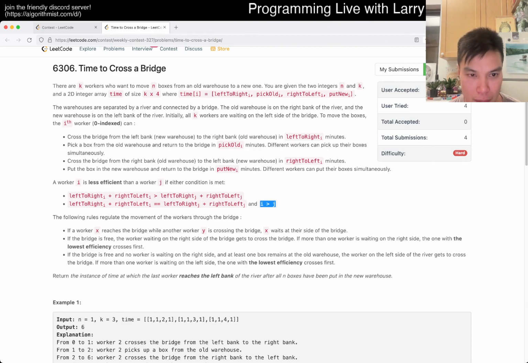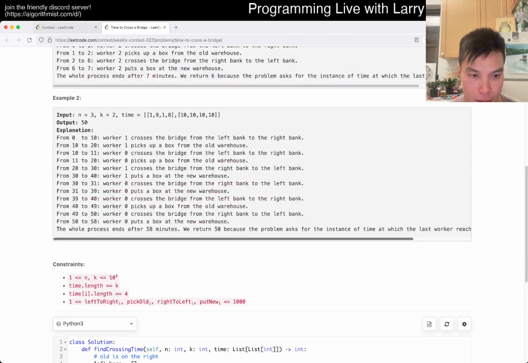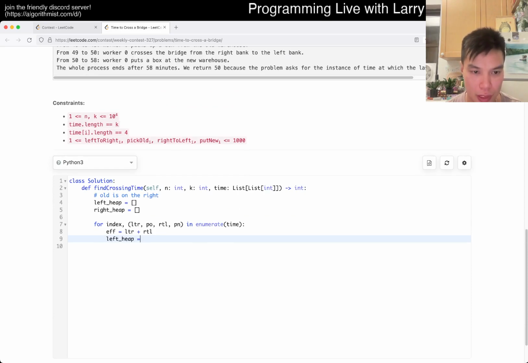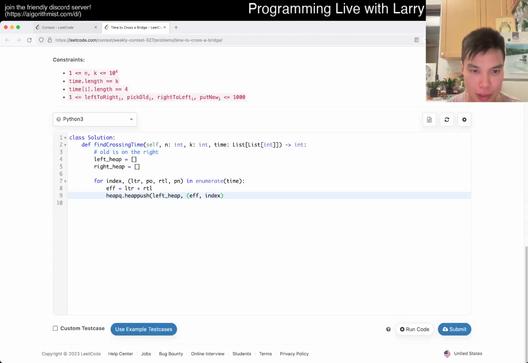So basically we want them. Okay, fine. Efficiency is just plus, right? So now left heap, because we start on the left. We have this efficiency, we have the index. We want to maximize both of these for some reason. So we have to do this thing. Okay, let me heap all these. I think that's okay.